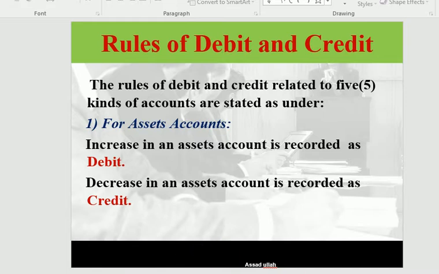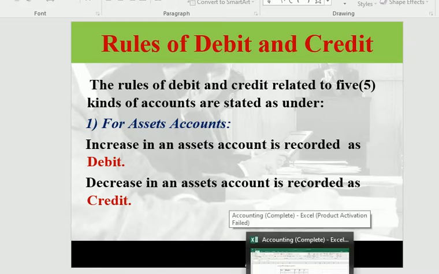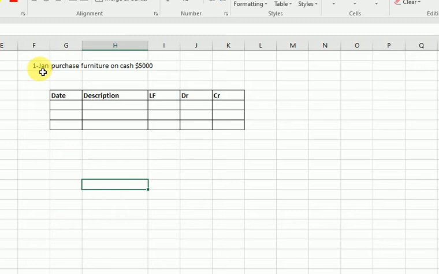Look, I will show this transaction in Excel. On January 1st, purchase furniture with cash, 5,000, meaning we purchase furniture and we give 5,000 in cash. This is the journal book.